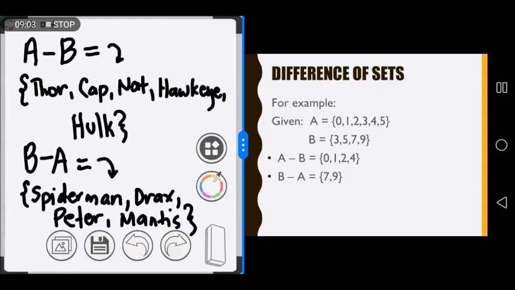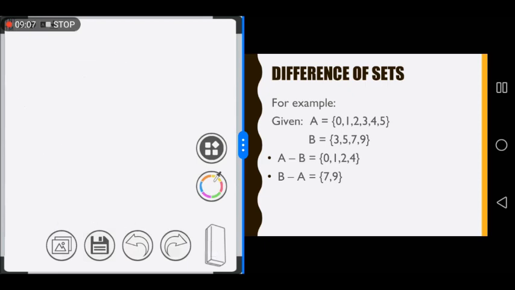Apply natin sa numbers. Okay? So, for example, given set A with elements 0, 1, 2, 3, 4, 5, and set B has elements 3, 5, 7, 9, A minus B. So, ano lang ba yung parehas sa A at B? It's 3 and 5. Pag tinanggal mo ang 3 at ang 5 sa set A, susulat ko lang yung set A dito ha.